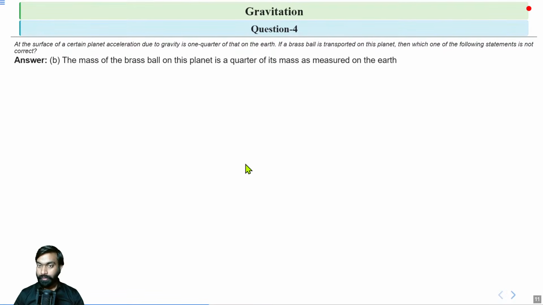So the correct option is B. The mass of the brass ball on this planet is a quarter of its mass as measured on the earth.